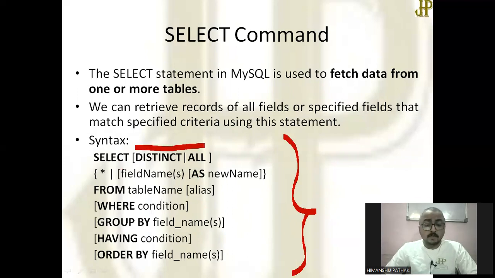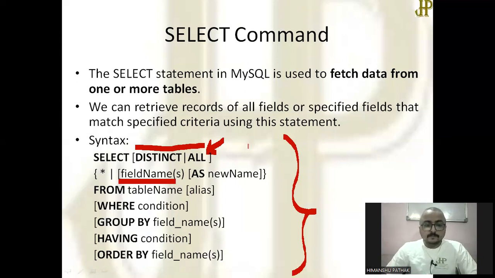If you do not apply anything, it assumes that all records are needed. So the default value is all. Then you supply either star or a field name, that is a column. Star means all the columns that are kept in the table are required.